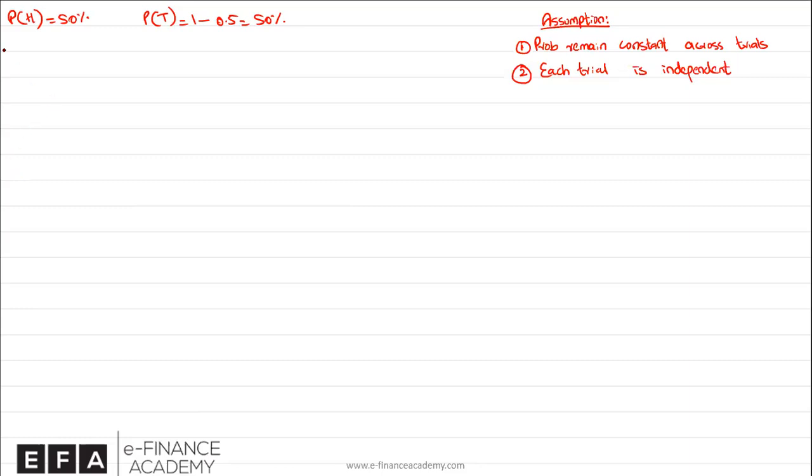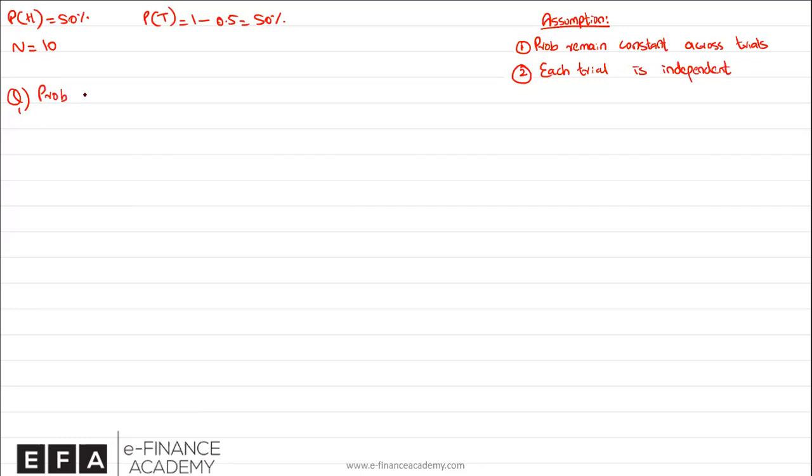That means the number of trials that you have is 10. What we are looking for is the probability of getting 4 heads in 10 tosses. That's our first question.